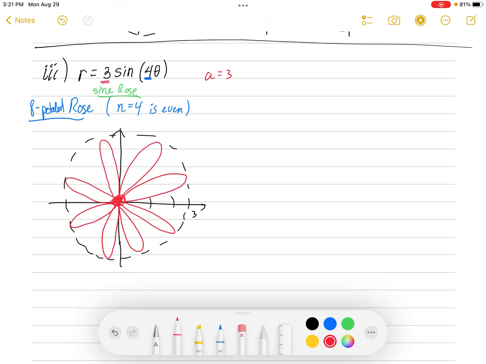Okay, it's an 8-petal rose. And then back to the beginning. 1, 2, 3, 4, 5, 6, 7, 8. Tried to draw the arrows correctly.